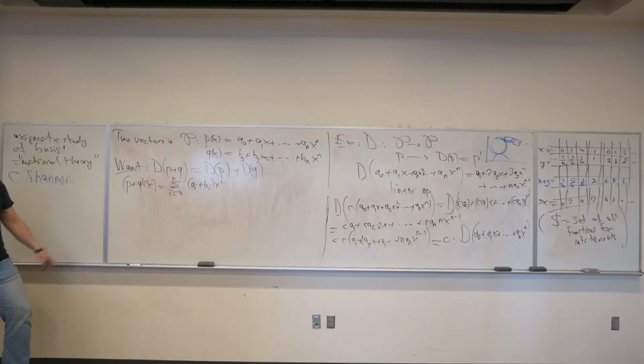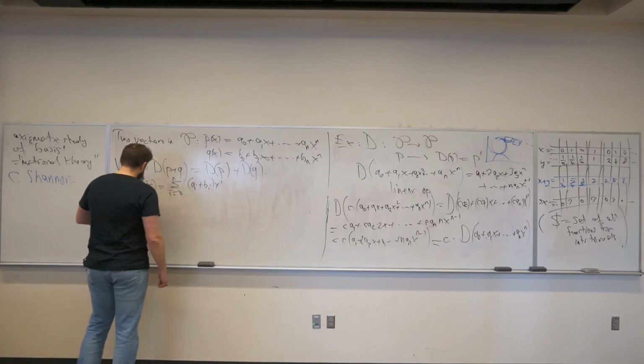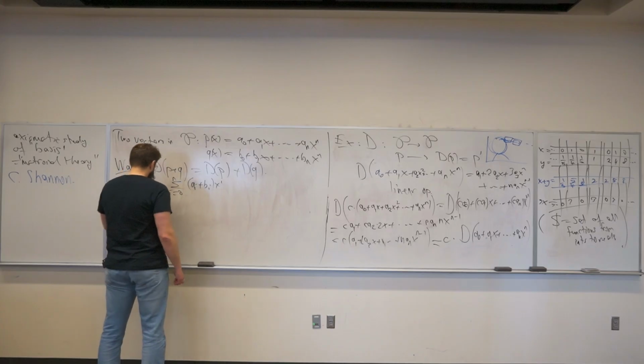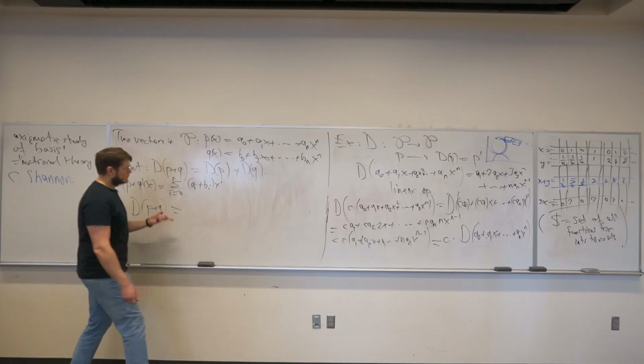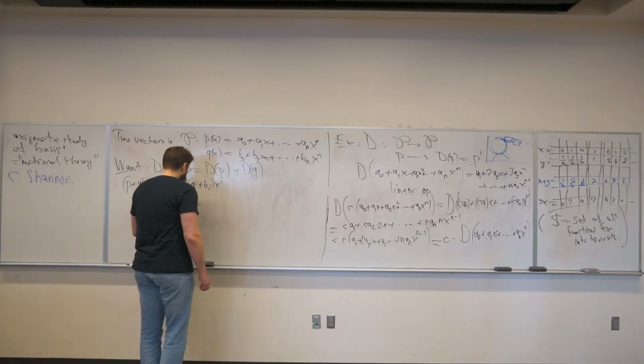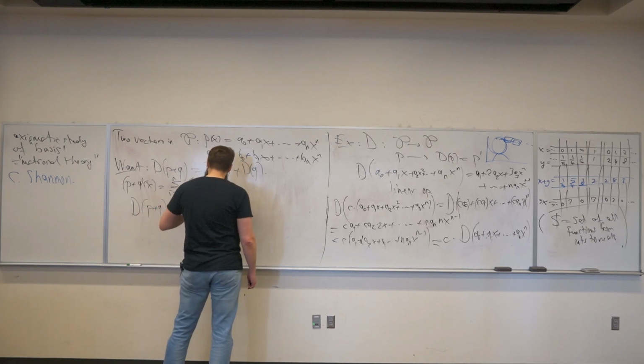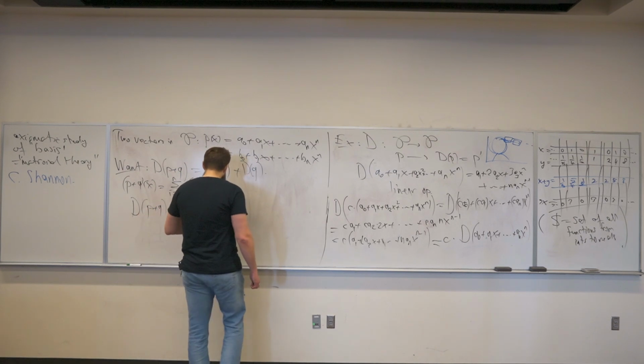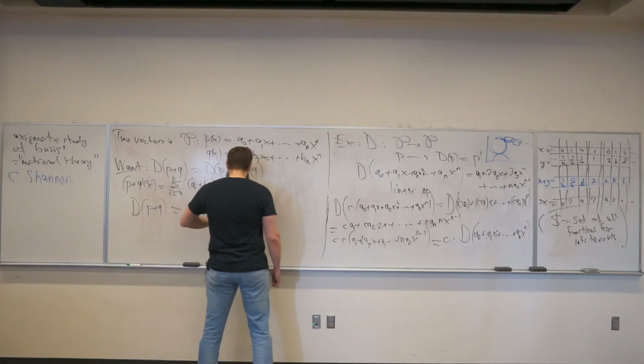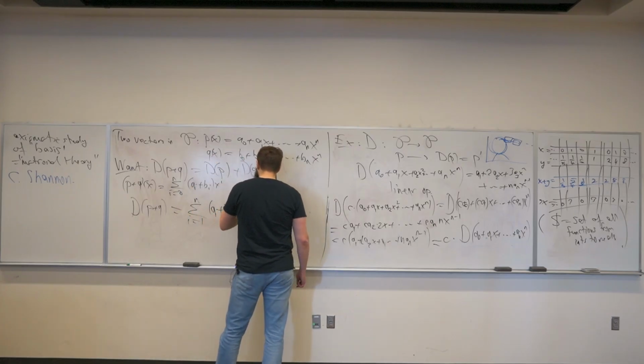Okay. Now, if I were to apply d to it, same rule. i from 1 to n, the sum of i times a_i plus b_i times x to the i minus 1.